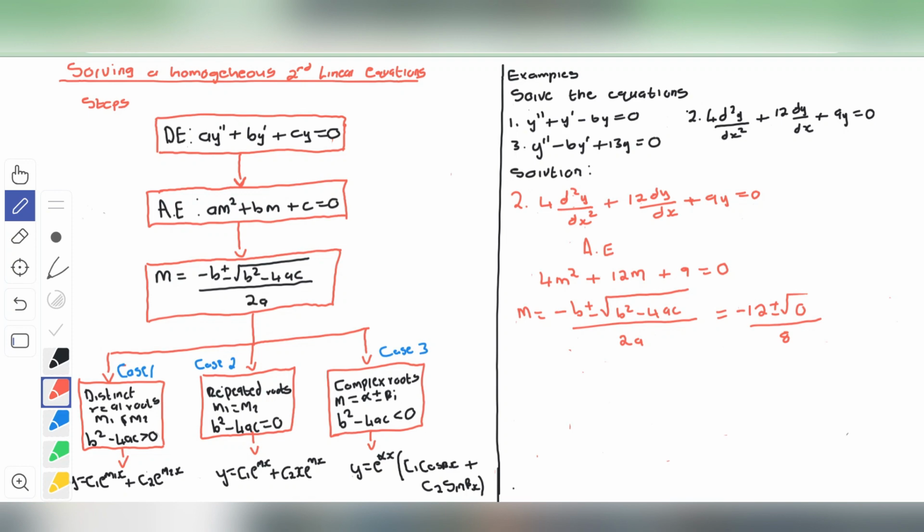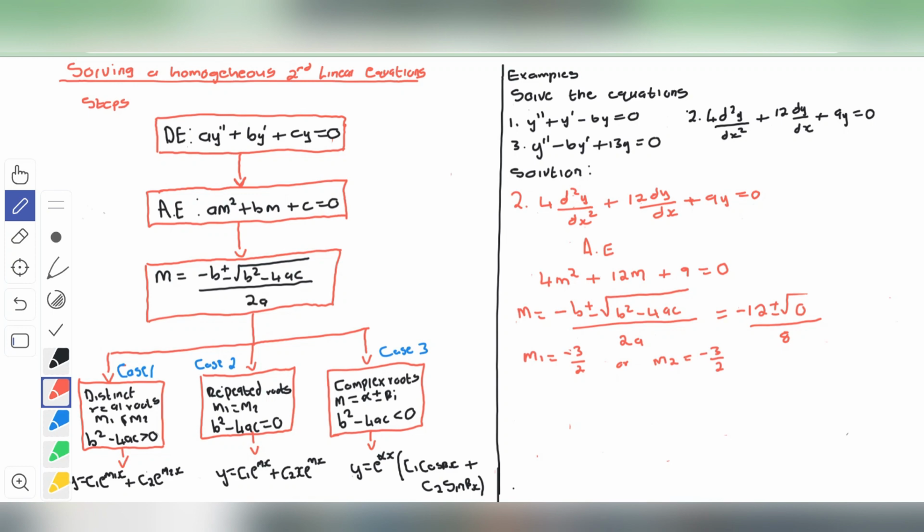Okay, we can see that we have negative 2 plus or minus the square root of 0 all over 8, right? So therefore our m1 is going to give us negative 3 all over 2, or m2 is going to give us negative 3 all over 2, right?